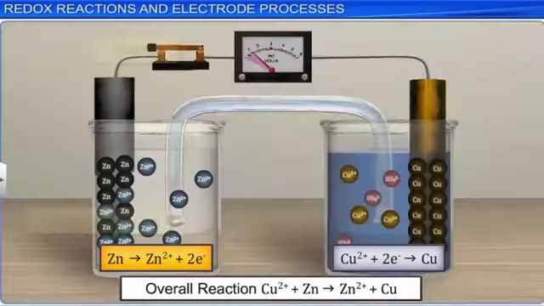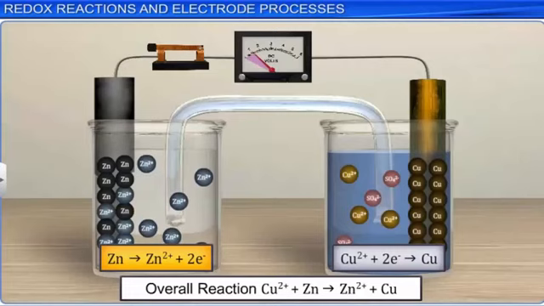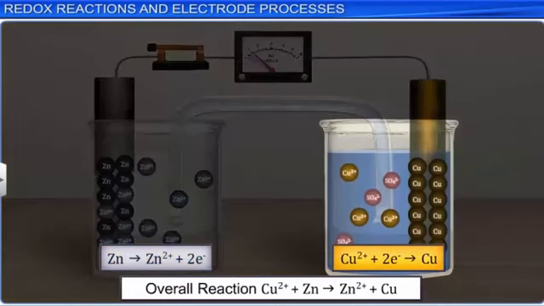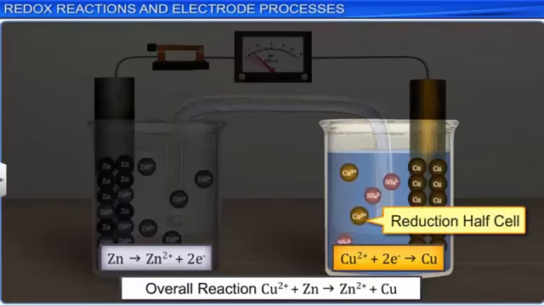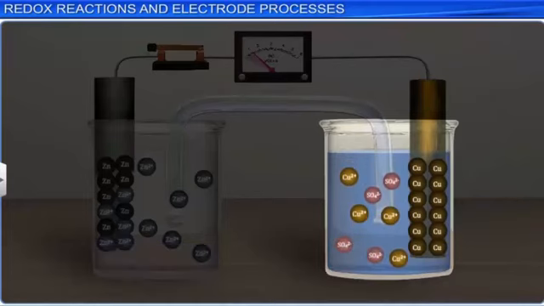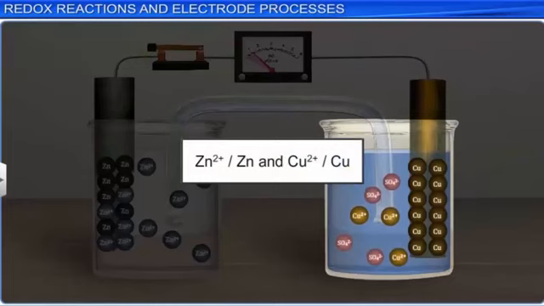On the other hand, in the beaker in which the copper rod is dipped in copper sulfate solution, reduction of copper ions is taking place, and it is referred to as the reduction half cell. The electrode at which reduction takes place is called the cathode. In the cell notation, a slash is used to separate the oxidized form and the reduced form in a couple.